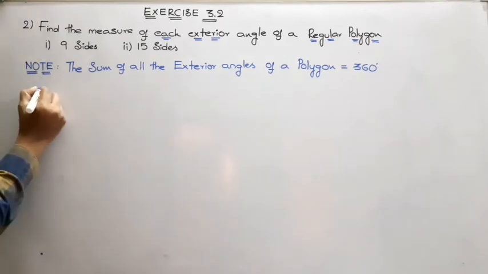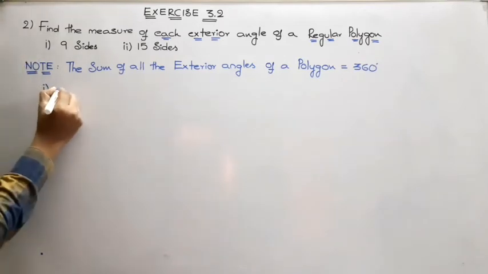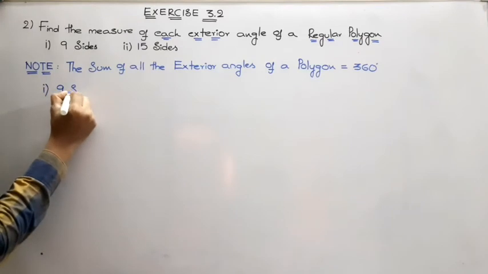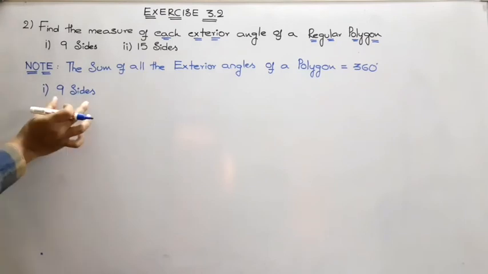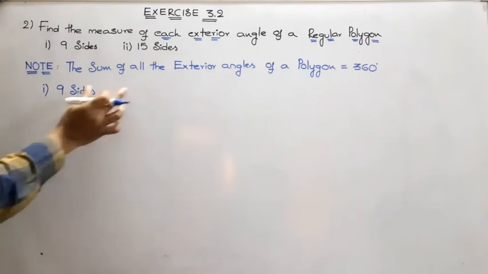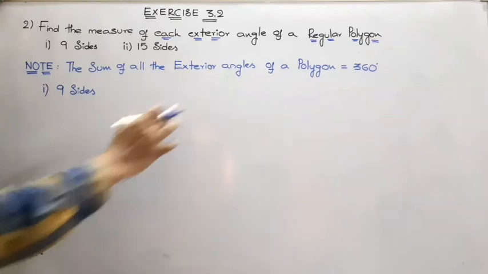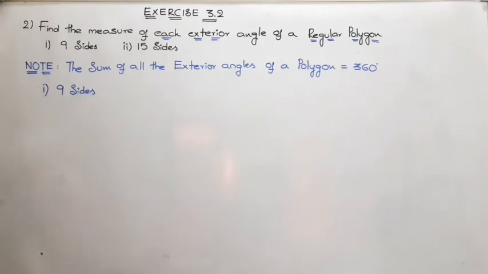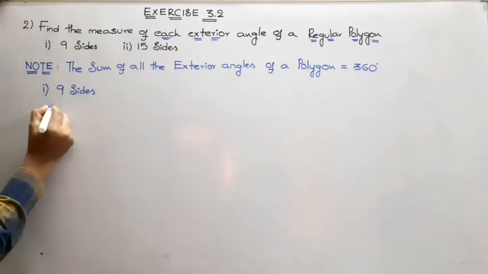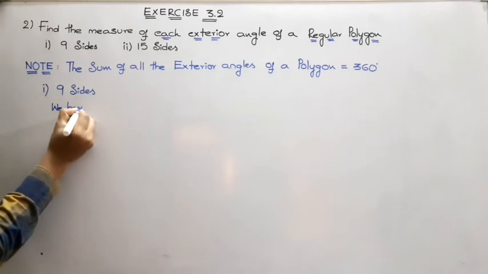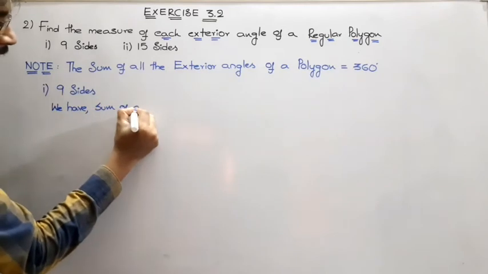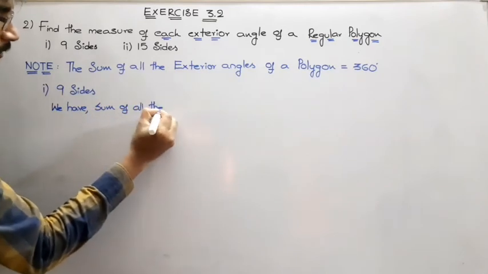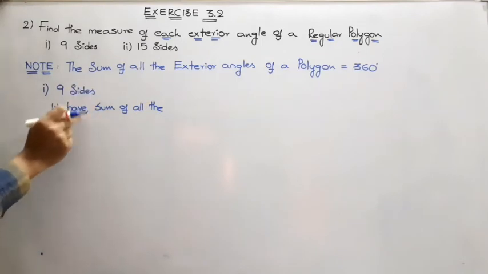Now let us check the first solution. They told it is having 9 sides. A polygon is having 9 sides, and we know that the sum of all the exterior angles of a polygon is 360. This thing is to be written for each individual question.